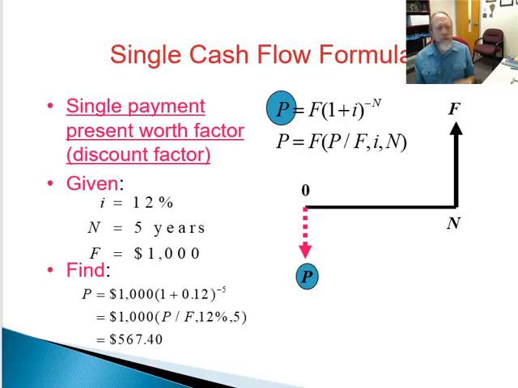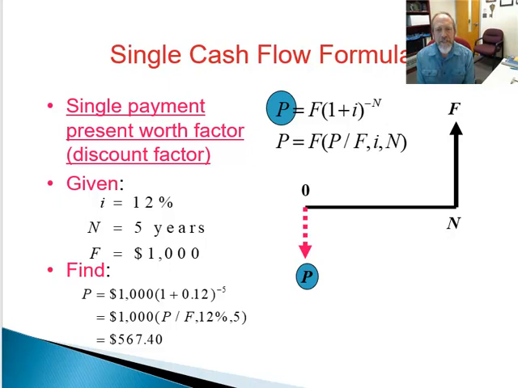So the single cash flow formula is simply that formula that you've looked at. Now, I have 12% interest, little i, in 5 years, F of 1,000. Notice the formula: P is the future value divided by (1 plus the interest rate) to the n, or, if you know a little bit of algebra, just to the -5.